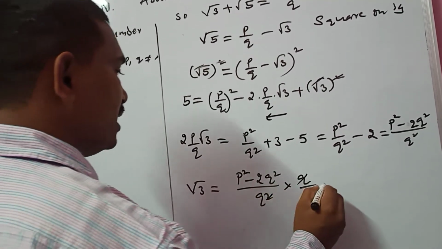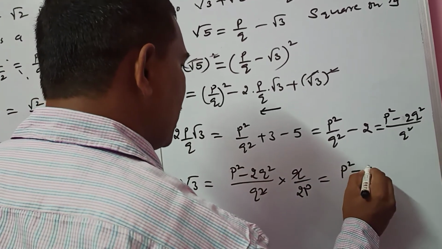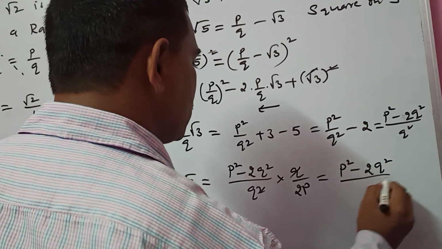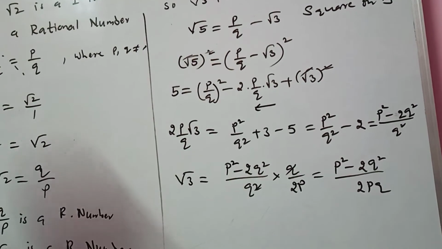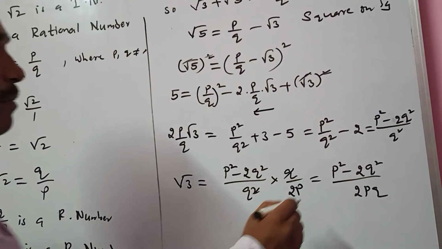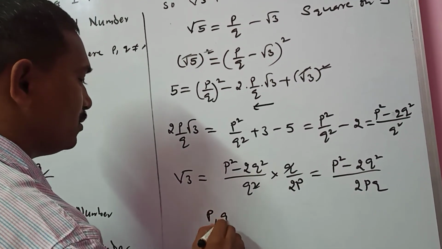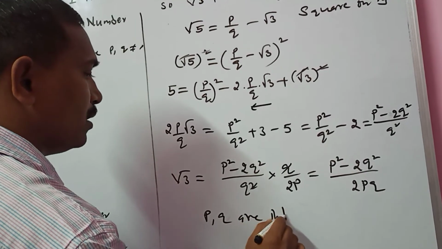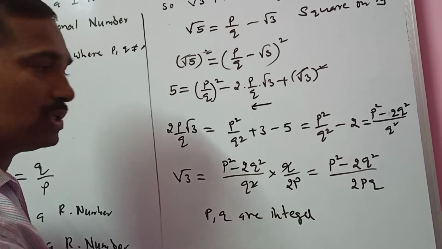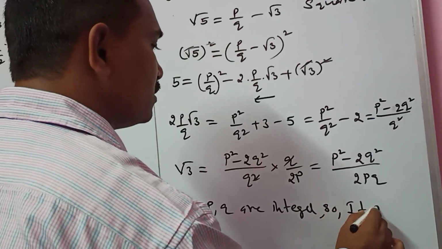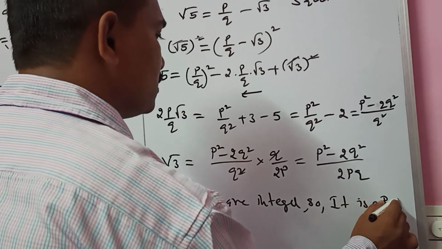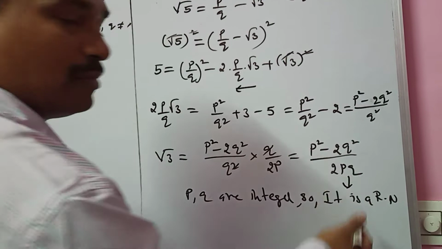One q cancels. So root 3 equals p square minus 2q square by 2pq. See, on the right side p, q are integers, so it is a rational number.